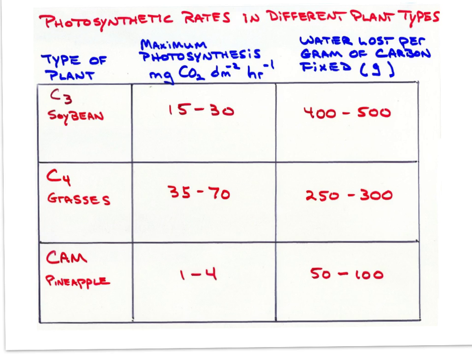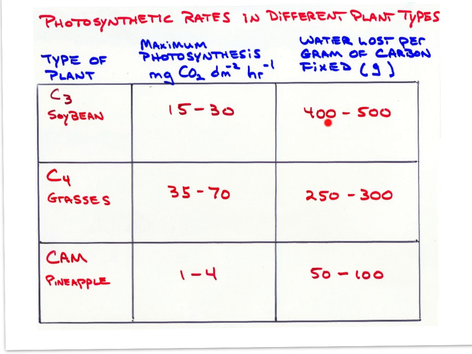In this table, the photosynthetic rates and transpiration rates are given for representative species of C3, C4, and CAM plants. First, notice the quantity of transpirational water loss in C3 plants.